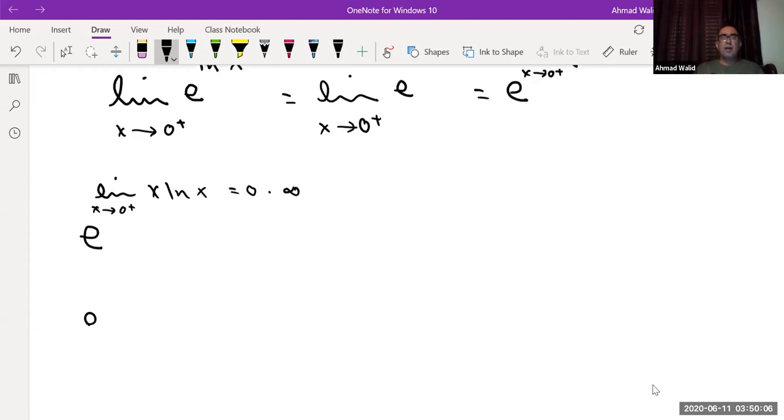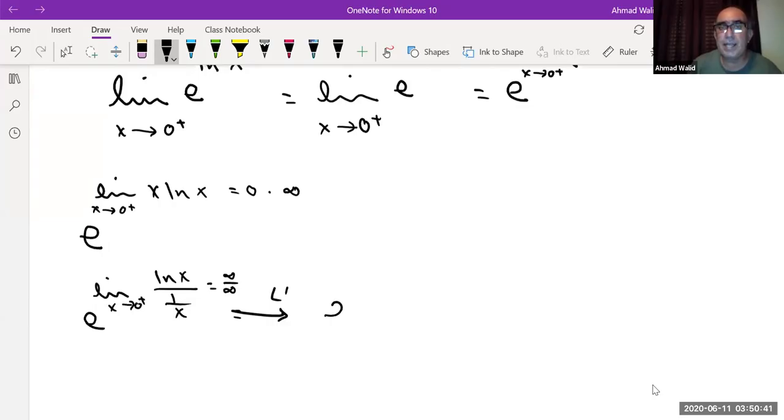It means I will write e to the power of limit of ln x over 1 over x as x approaches 0 from the right. If you plug in 0 here, it gives you infinity over infinity. Now you can apply L'Hopital's rule for this limit.